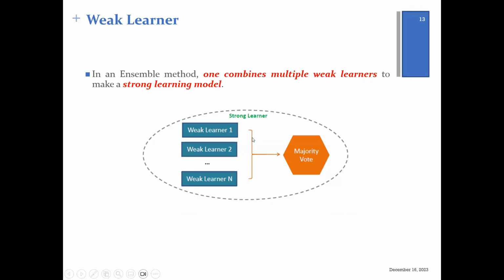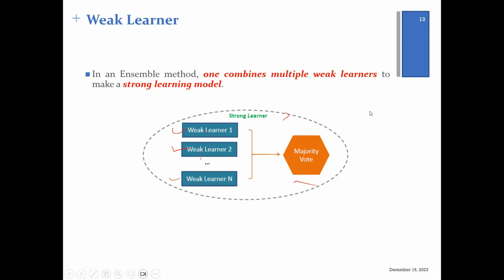So the individual models we are combining together, usually we call them weak learners. Weak learner 1, 2, 3, as many as you can. The more the better, especially if they are independent. When you combine weak learners together, they generate a majority vote that will ensure that you always get better results.